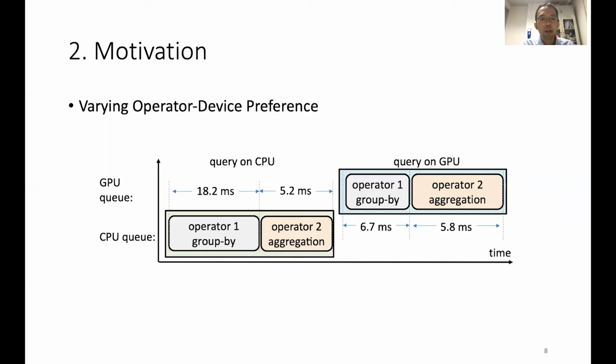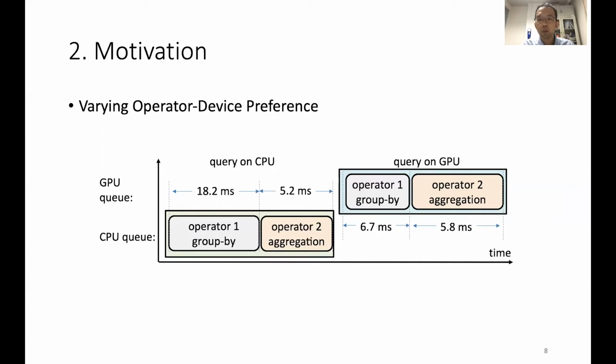We use a simple query of group by and aggregation on the integrated architecture for illustration, as shown in the slide. The GPU queue is used to sequentially execute the queries on the GPU, while the CPU queue is used to execute the related queries on the CPU.